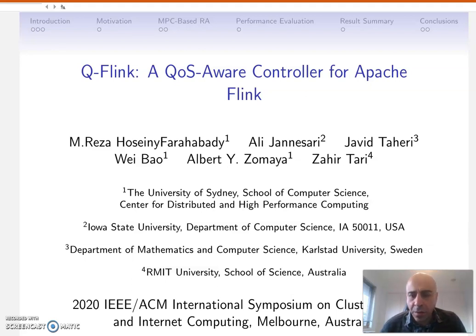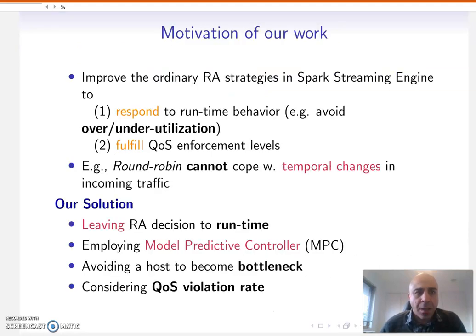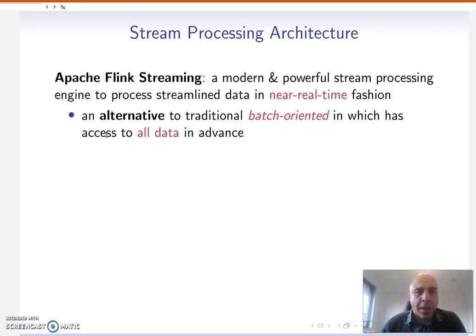If I want to give you an overview of what Q-Flink is about, Q-Flink is a controller that we designed based on MPC design principles that tries to solve problems for Apache Flink, a stream processing engine.